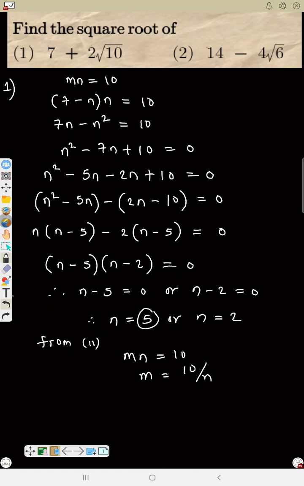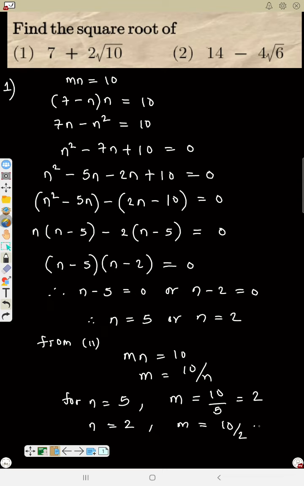So when n is 5, m is equal to 10 over 5, which is 2. For n equal to 2, m is equal to 10 over 2, which is 5.